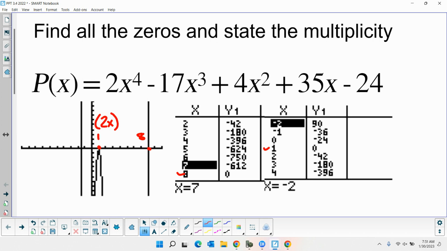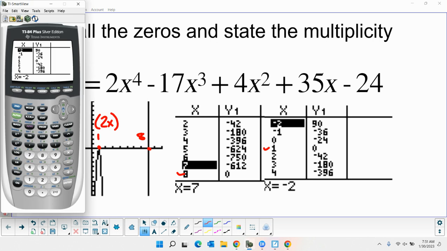All right, so then to get this one, you hit second trace, Michael. See that? And then we're looking for a 0, so number 2. Okay? Now it's starting at the y-intercept. Whenever you do this the first time, it starts at the y-intercept. It's at 0, -24. So it's down here somewhere, right?